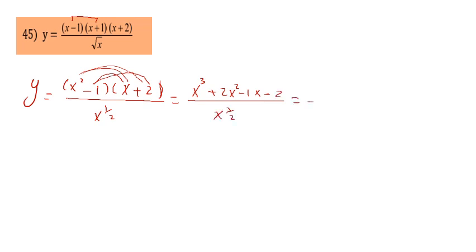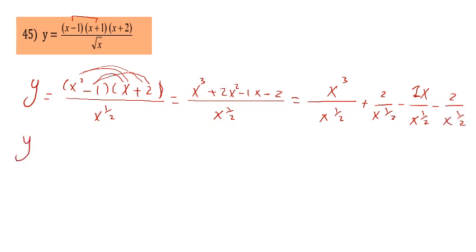Then I'm going to split it: x to the power of 3 over x to the power of half, plus 2x squared over x to the power of half, minus 1x over x to the power of half, minus 2 over x to the power of half.